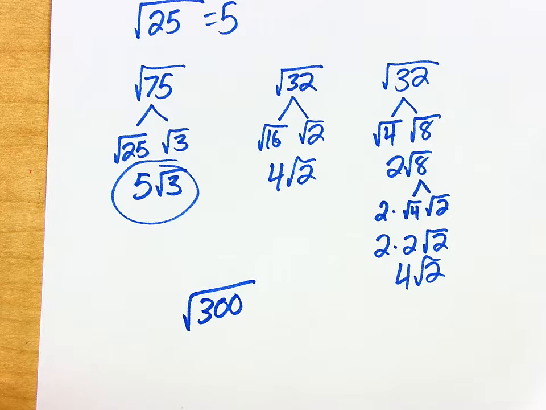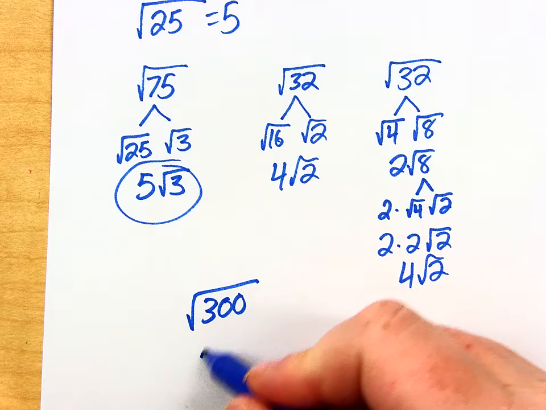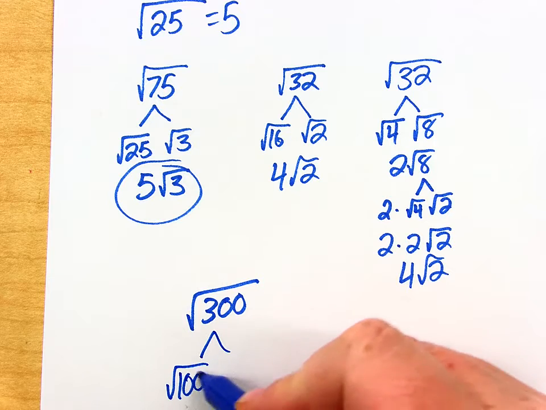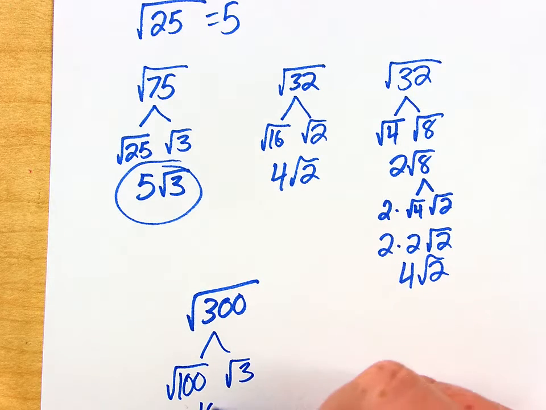Perfect. So 3 and 100. Yes, 3 and 100. Same problem. You don't want to split it into 25, even though 25 goes in. It's not the biggest. So 100 and 300, you get 10 root 3.